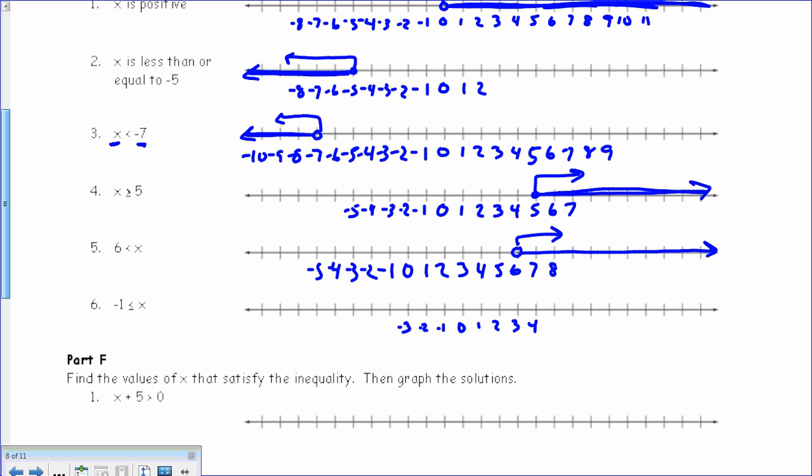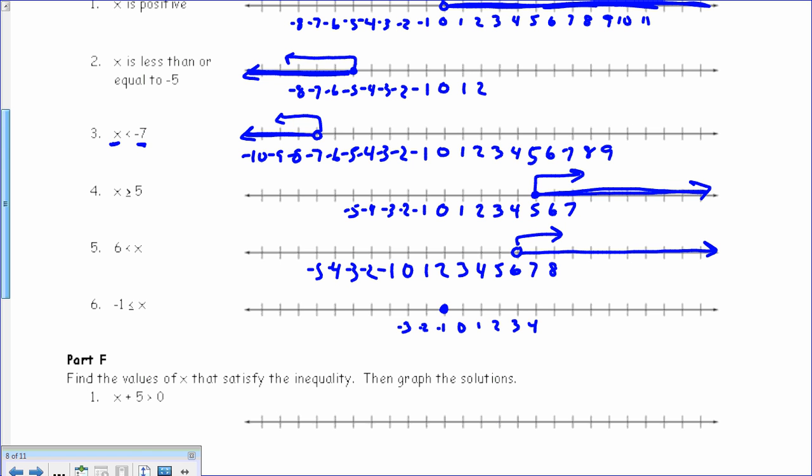Remember, up here we had an open circle, up here we had a closed. Do you see the pattern? Shaded in circle or open circle? Closed, because it's equal to. That means because -1 is less than or equal to -1, right? It's equal to. It's not less than, but it's equal to.